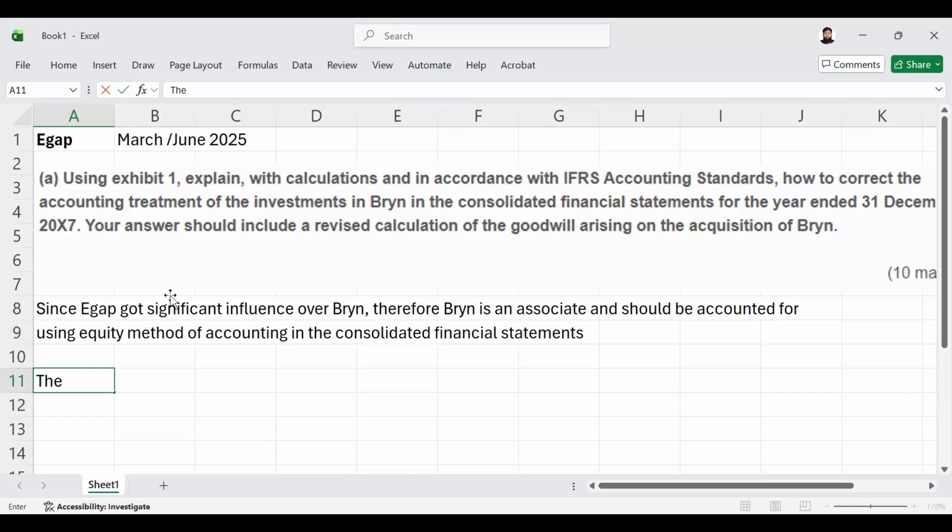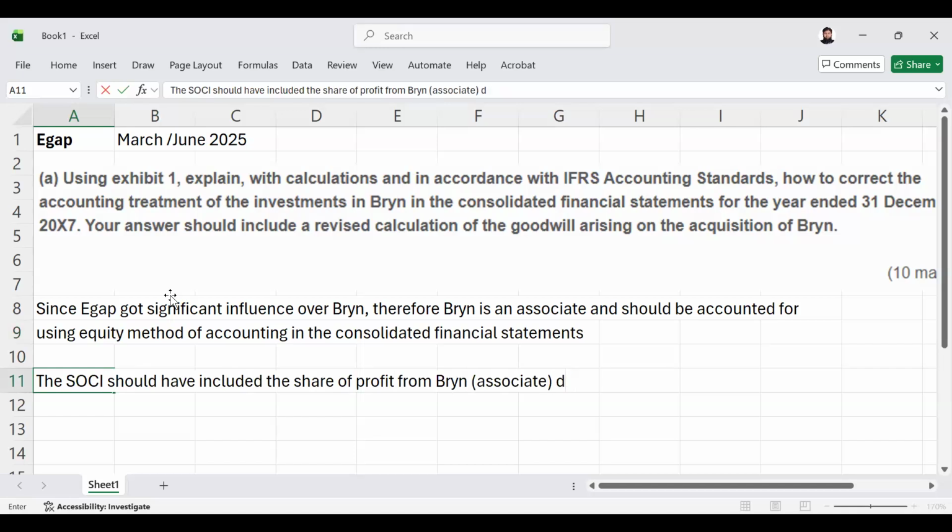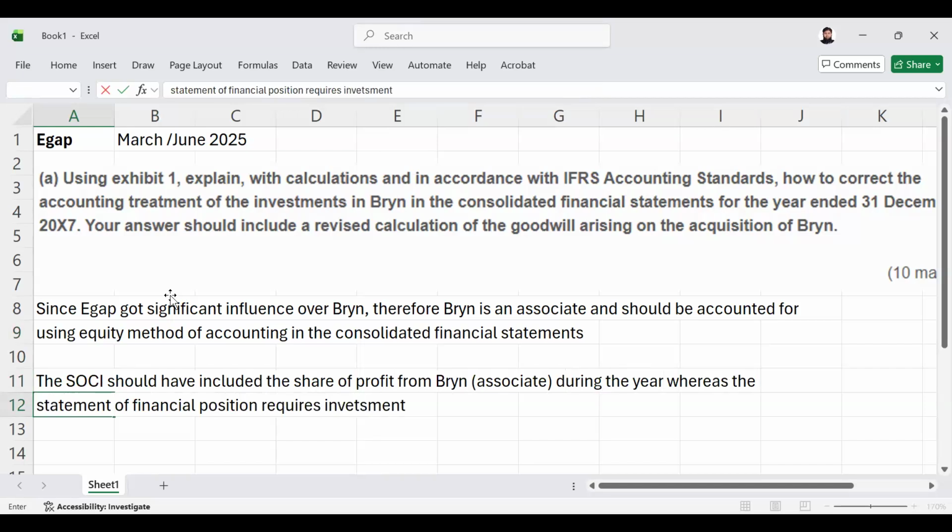The statement of comprehensive income should have included the share of profit from Brine, the associate, during the year, whereas the statement of financial position requires the investment in associate to be shown as determined using the equity method of accounting.